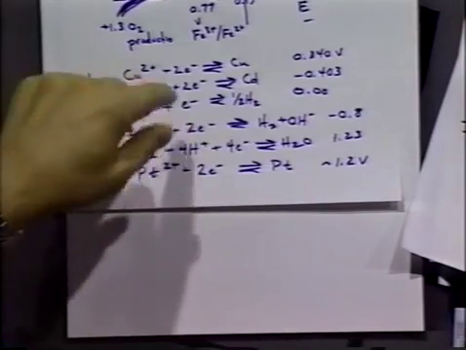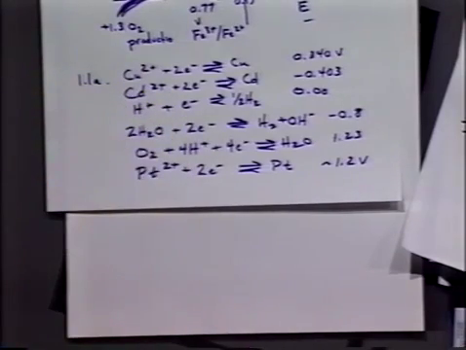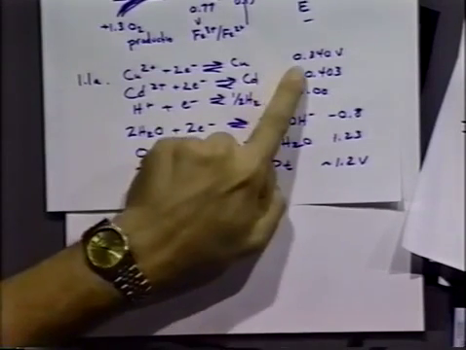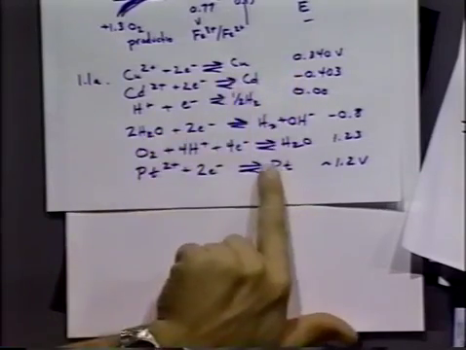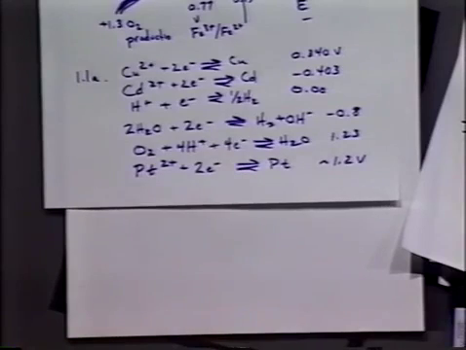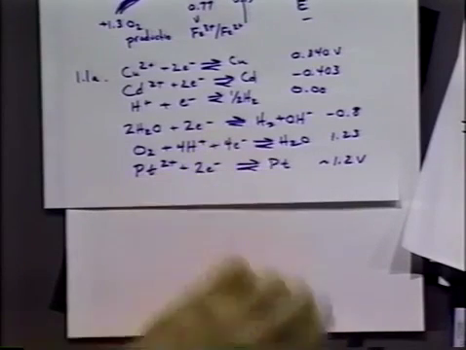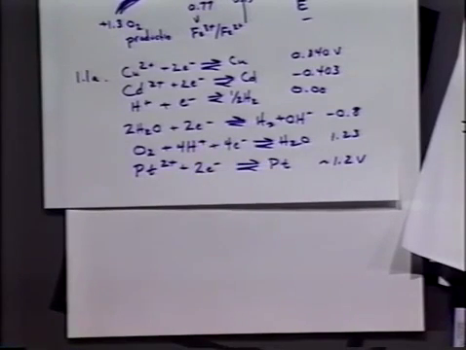So that would be basically the equilibrium potential for that system. Now, if we go negative from the equilibrium potential, the first reaction would be copper reduction, and if we go positive, the first reaction would be platinum oxidation or water oxidation, one or the other.